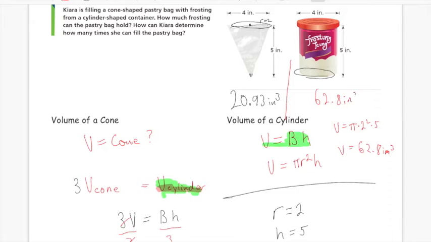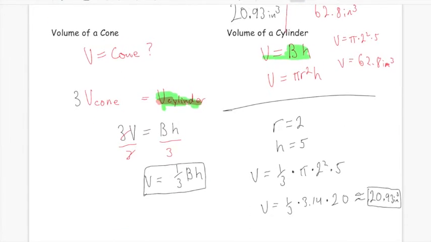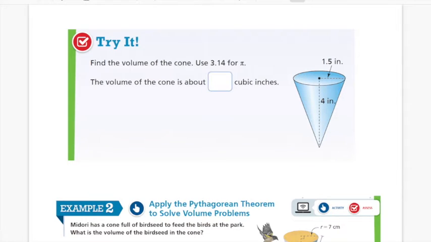So we can see that the cone is 3 times smaller than our container. So go ahead and find the volume of this cone.